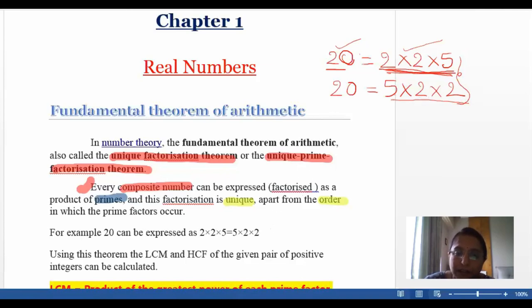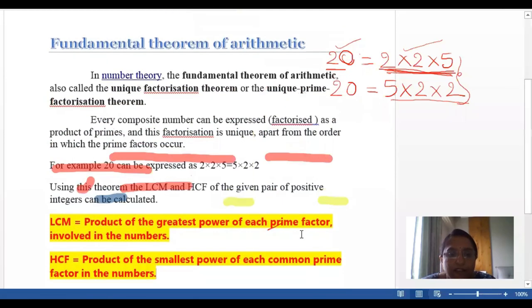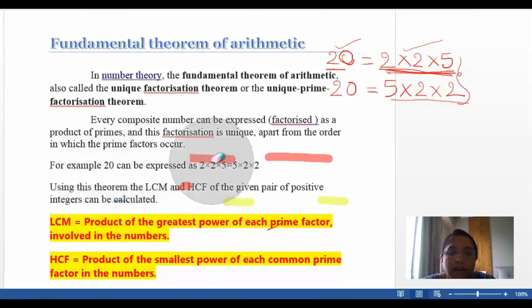Here one example is given, that we have taken now, by taking 20. So this is the fundamental theorem of arithmetic and its statement. Now next, what are LCM and HCF? You know this. LCM is the least common multiple. HCF is the highest common factor.